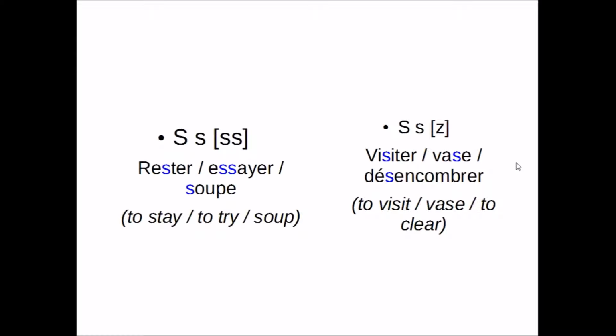So the rule here for the pronunciation is that if an S is in between two vowels, it will be pronounced as a Z, and if two S's are in between two vowels, it's pronounced S, and well, the rest is like in English, like at the beginning of the word it's pronounced S, and before a consonant it's pronounced S as well.